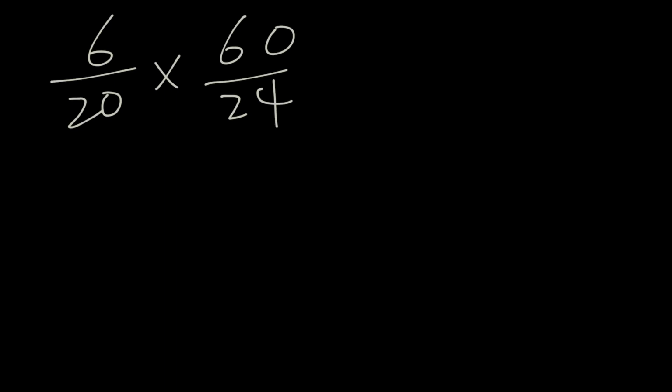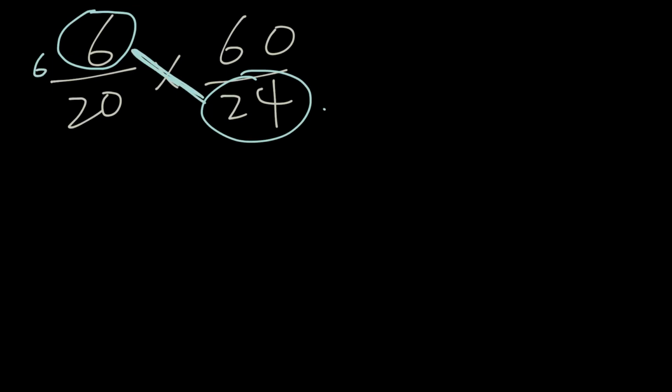By simplifying, we can simplify the numerator and the denominator, or we can simplify diagonally between the fractions. By looking at this question, we can see that 6 and 24 are both divisible by 6. And the 60 and 20, they're both divisible by 20.